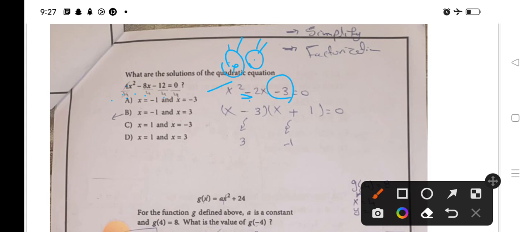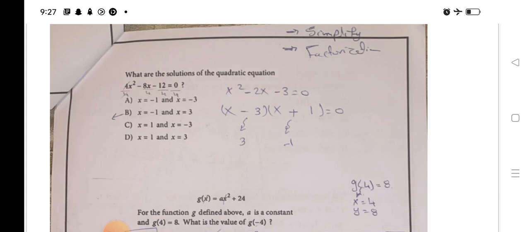So 3, what times what gives me 3? 3 times 1. Which will take the negative sign? The greater. So 3 times 1. Here means x equals, I can say, the opposite of the sign. So x equals 3, and here x equals negative 1. Okay, and then I'll choose it very easily.